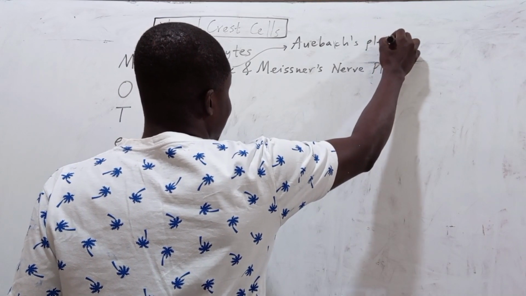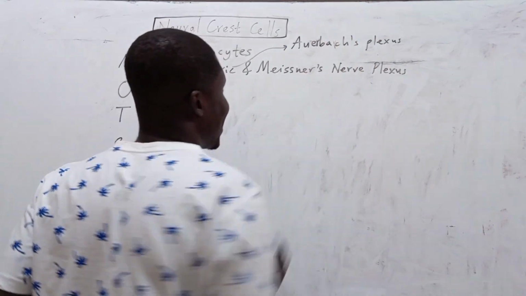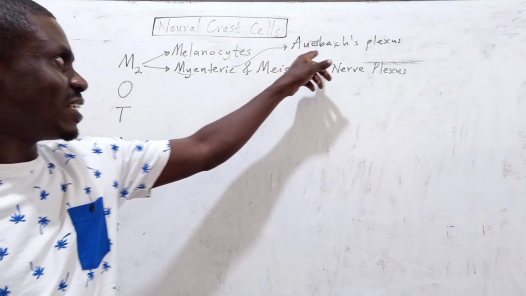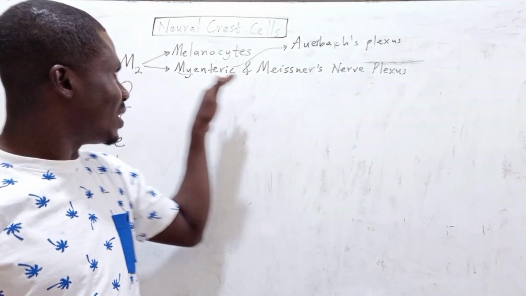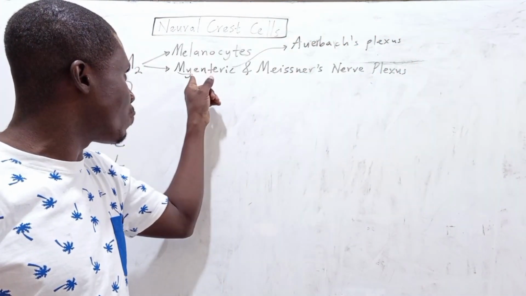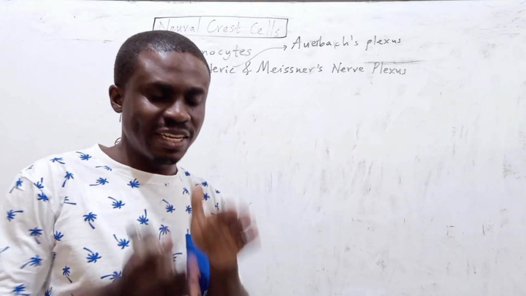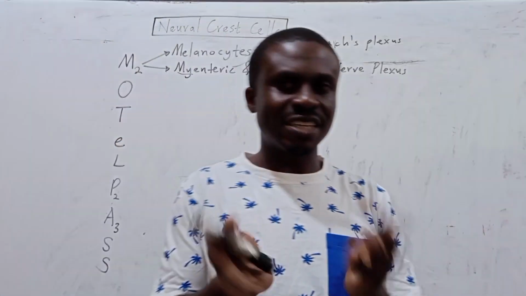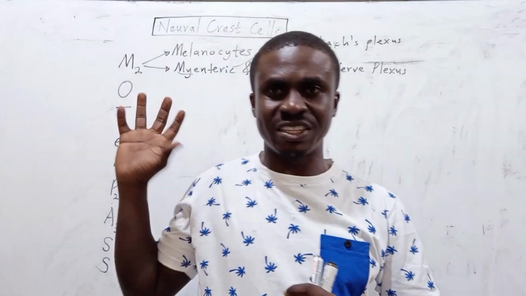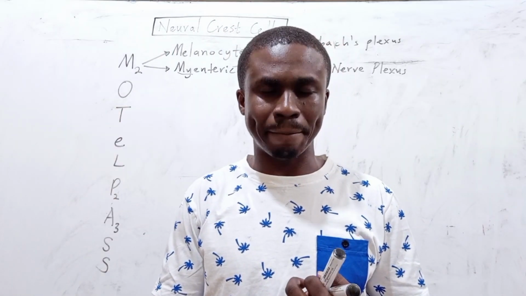Auerbach plexus is the eponym for this myenteric nerve plexus, located between the inner circular and outer longitudinal layers, so that it can regulate the muscle contraction in there.